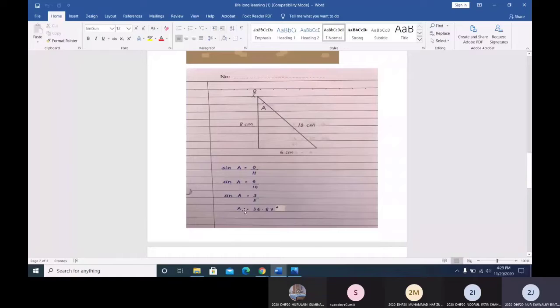So A is equal to 36.87 degrees. Extra tip here: in programming, we don't work with degrees, we work with radians. This is just another way to represent an angle. 360 degrees is equal to 2 pi radians.